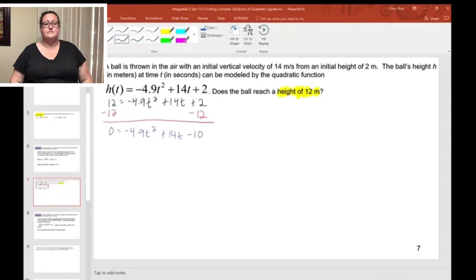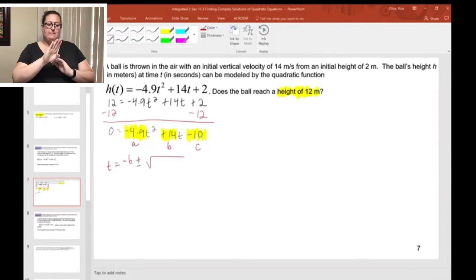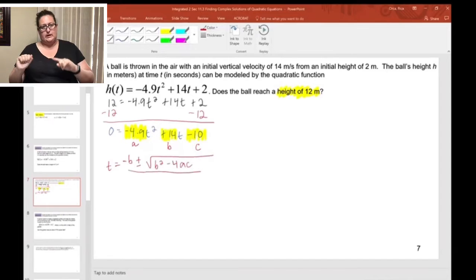Now let's identify a, b, and c. A is negative 4.9, b is 14, and c is negative 10. Let's use the quadratic formula. T equals negative b plus or minus the square root of b squared minus 4ac all over 2a.